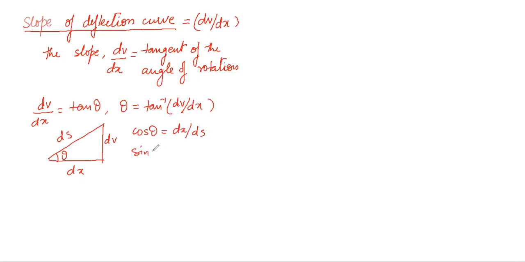Similarly, sin theta can also be defined as dv by ds. Because delta v and delta x are very small quantities, the important point that came out first is that delta v by delta x is defined as tan theta.